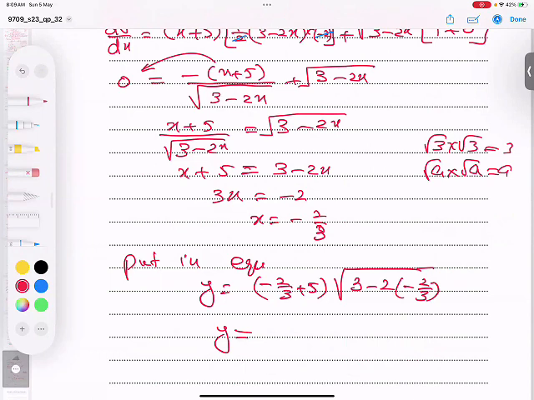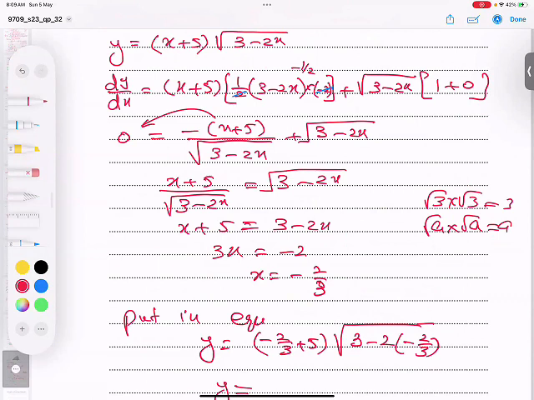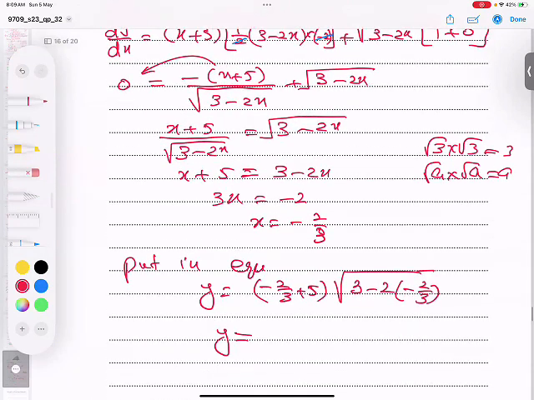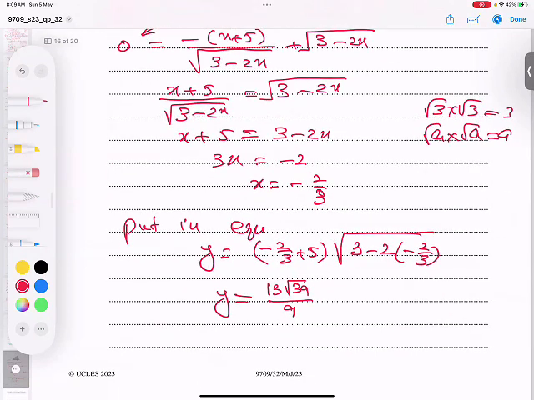And when I type this in, let me recheck. Yes, it is. And we have to type in the calculator very carefully. So the answer is coming 13 root 39 over 9. And finally, we get the answer: -2 by 3 and 13 root 39 over 9.